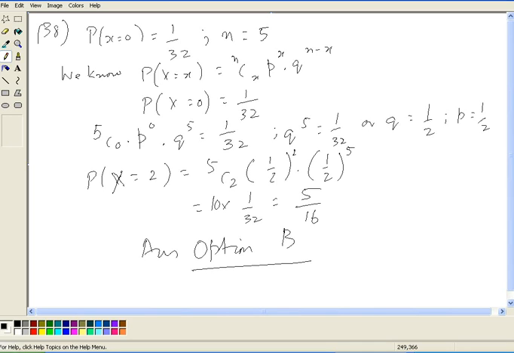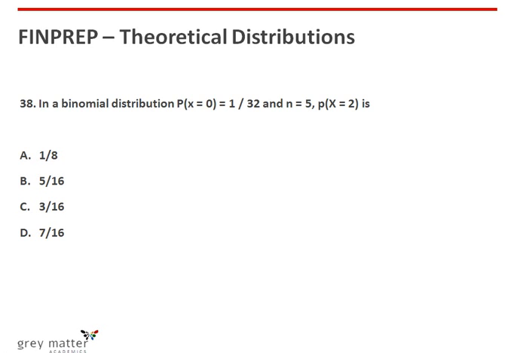So it works out to be 10 into 1 half power 5, which is 1 by 32, or 5 by 16. So the answer is option B. Going to our PowerPoint presentation, it is option B, which says 5 by 16.